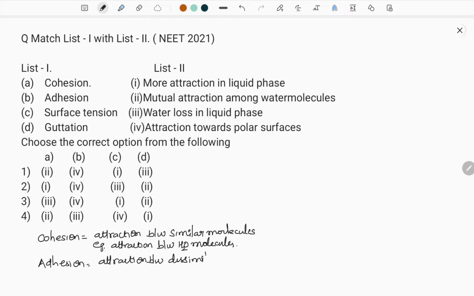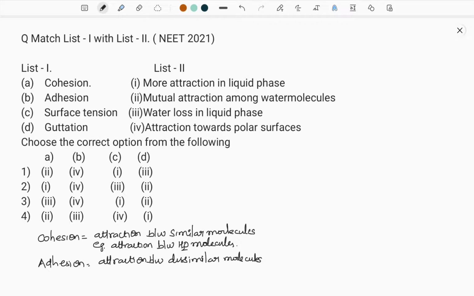For example, when water passes through hydrophilic colloidal substances, such as water passing through the xylem, the wooden xylem vessels, then the xylem vessels are hydrophilic in nature. So water molecules and the xylem vessels will have adhesion. That attraction between dissimilar molecules is called adhesion.